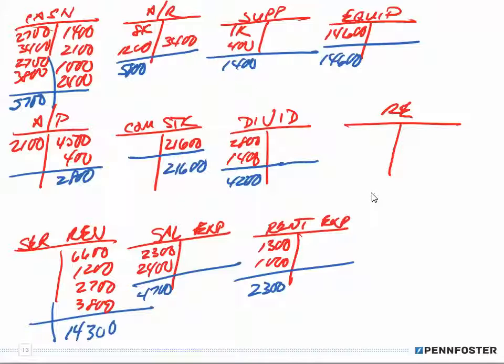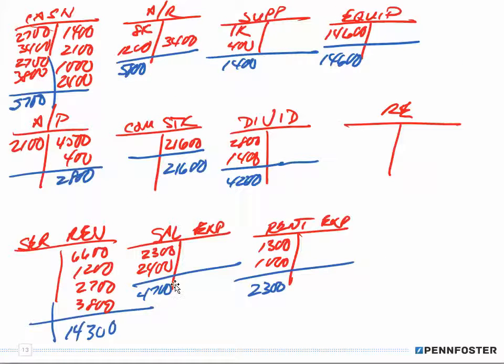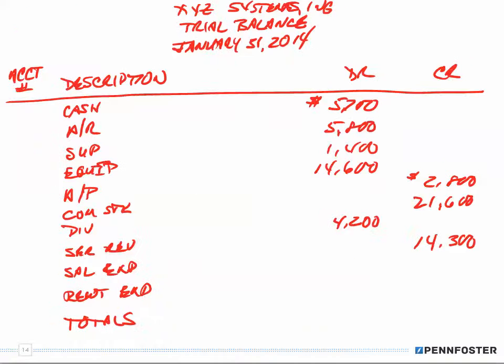Dividends are 4,200. Revenue is 14,300. So dividends is a debit of 4,200. Revenue is a credit of 14,300. And then salary expense is 4,700 and rent expense is 2,300.